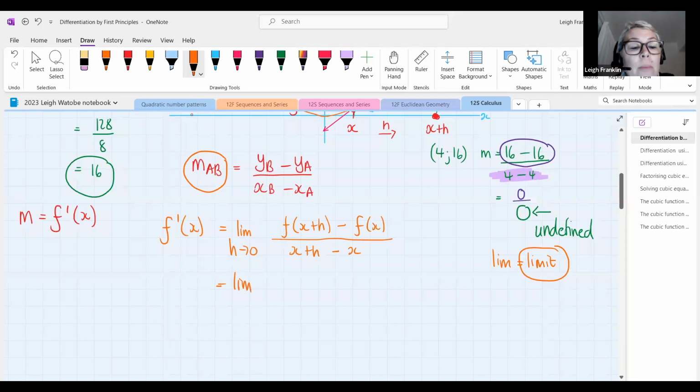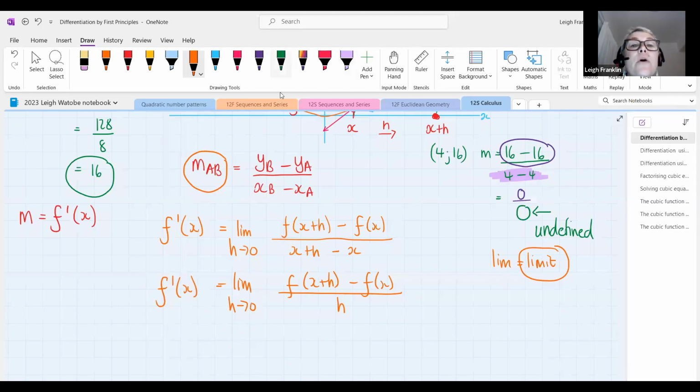So in the numerator, we end up with f of x plus h minus f of x. Those are not like terms, but at the bottom, x plus h minus x means that h is left over. So this is your formula for first principles, and that is where it comes from.